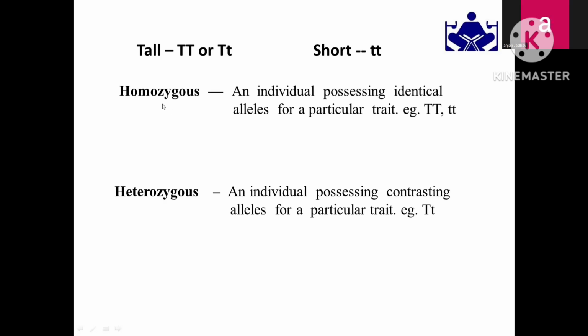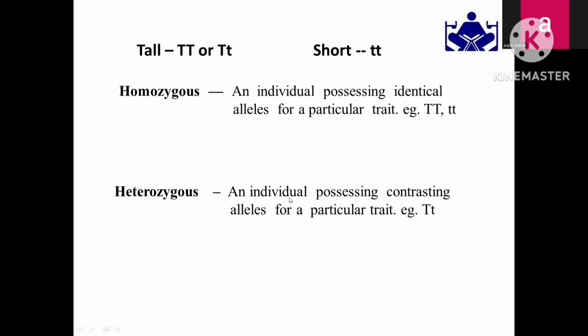Homozygous means an individual possessing identical alleles for a particular trait. Example, capital T, capital T are identical alleles for tallness and small t, small t identical alleles for dwarfness. Heterozygous मतलब क्या है?